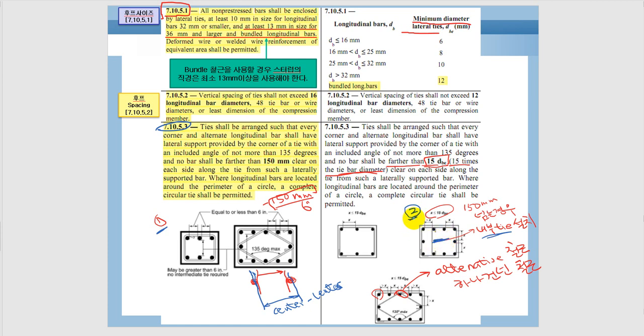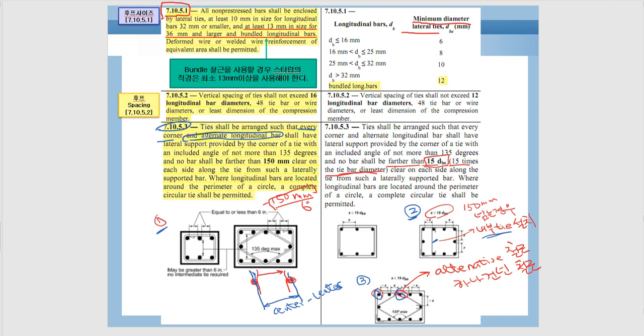Okay, second, first, right? And then there's one more very important requirement by this section, number 3, where you have levers. This is lever and this is alternative levers. Here the code says every corner levers and alternate longitudinal levers, right?